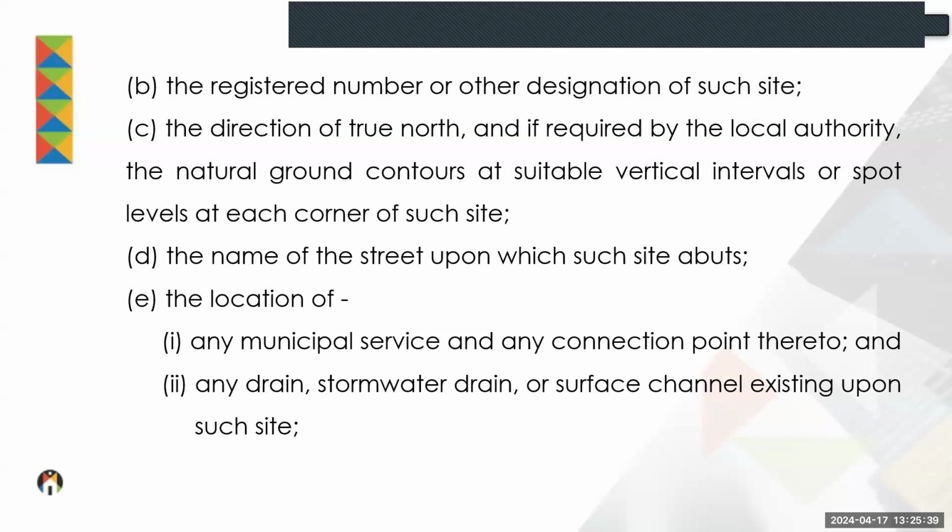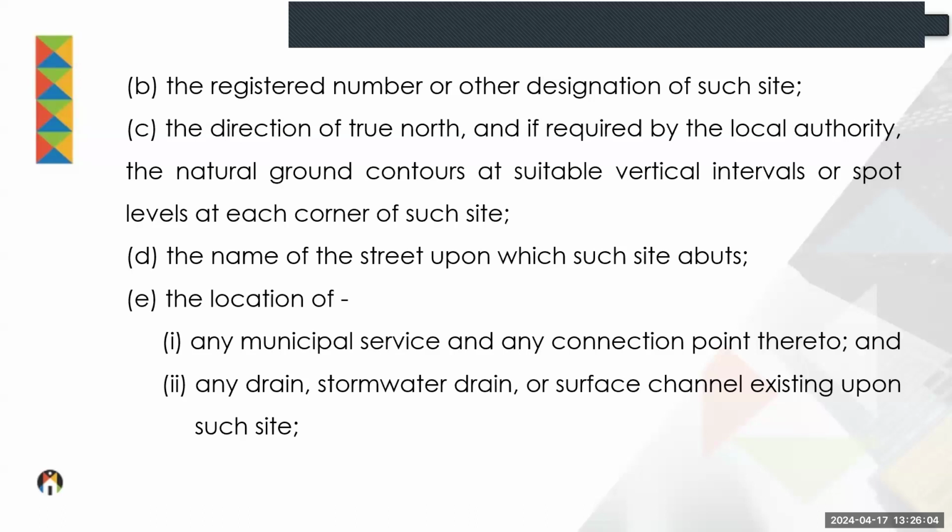And when it comes to spot levels these days, you can actually do it with an app on your phone. So it is not something that is quite difficult. Contours, go and Google it. You can actually, from Google Earth, create your own contours with freely available programs these days, and it's quite easy to do.